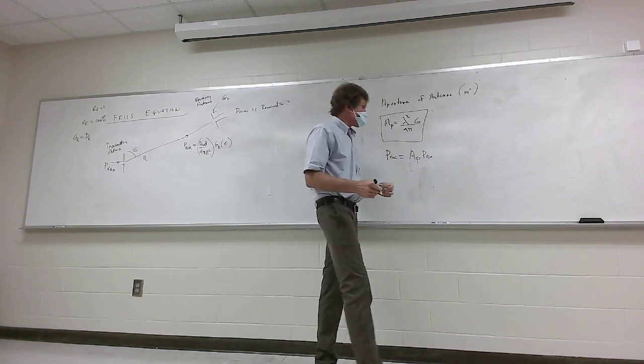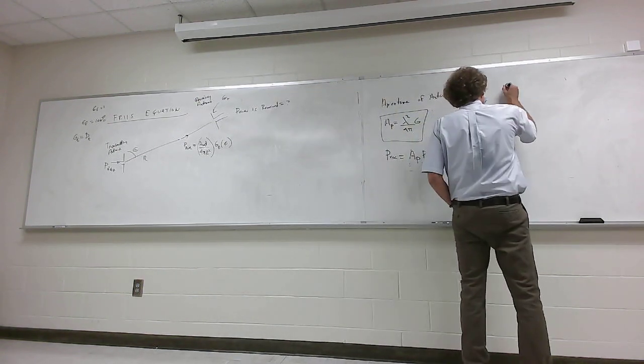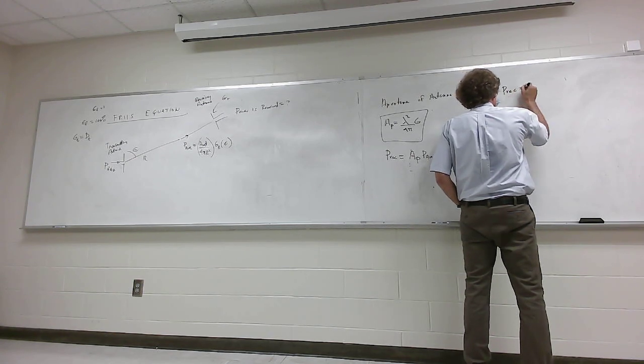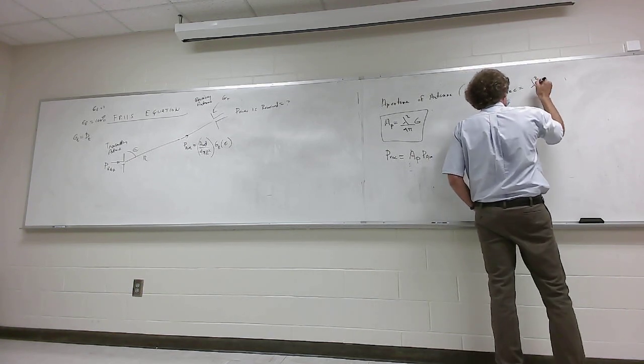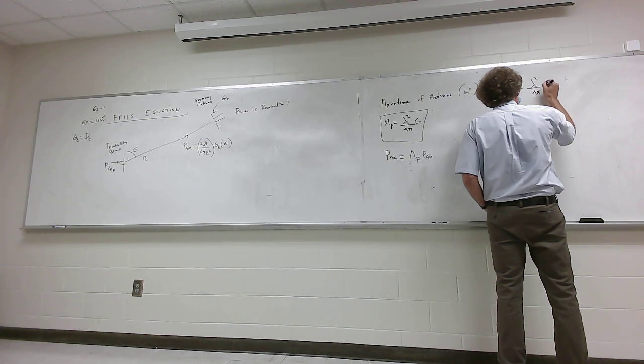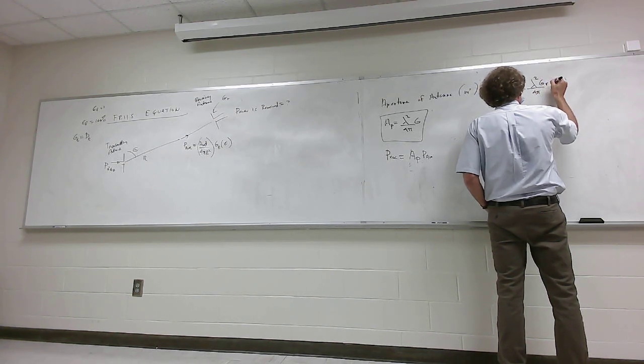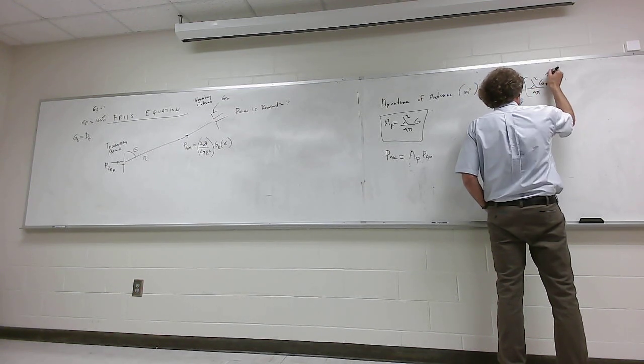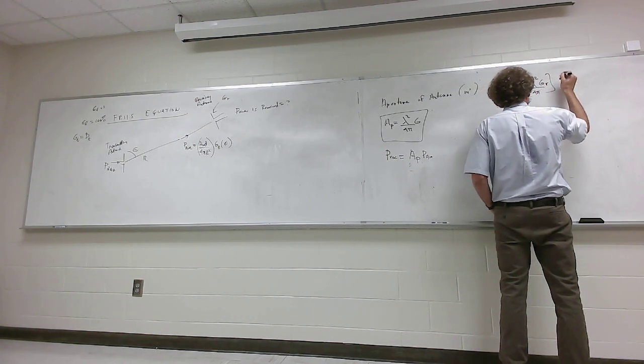And that's exactly what it is. So really, the power received is equal to lambda squared over 4 pi times the gain of the receiving antenna. That's the area. It's that times the average power density striking the antenna.